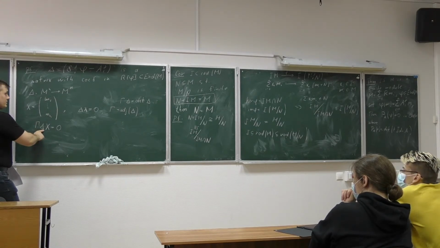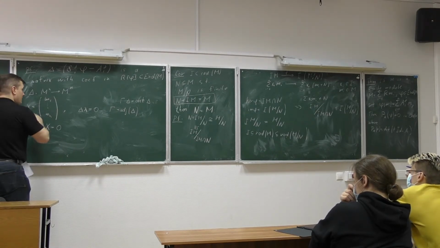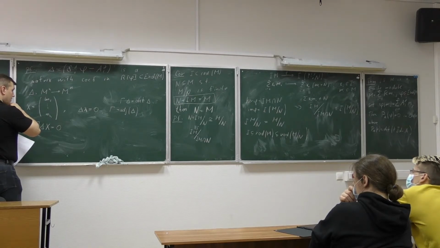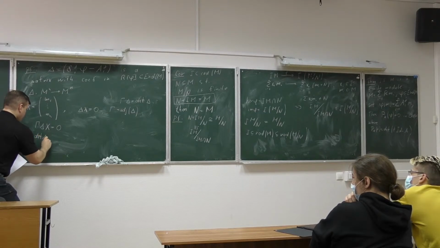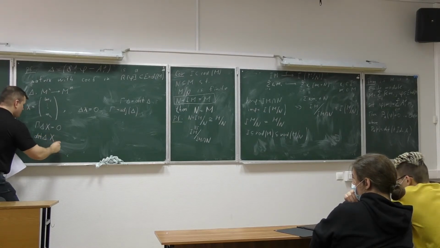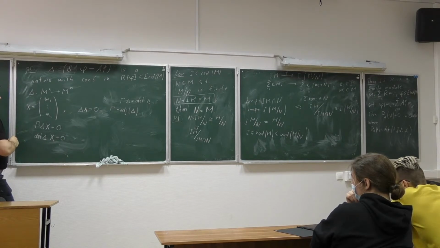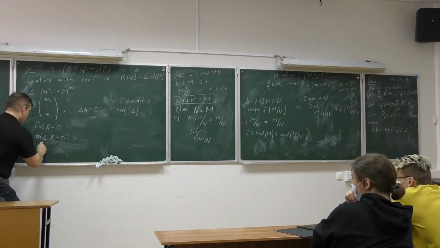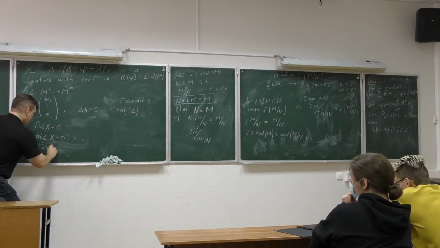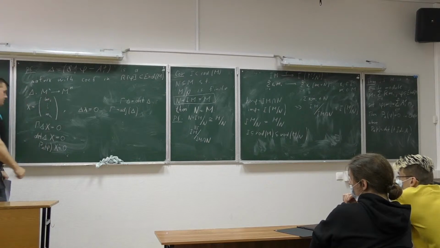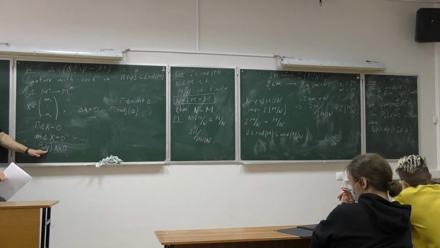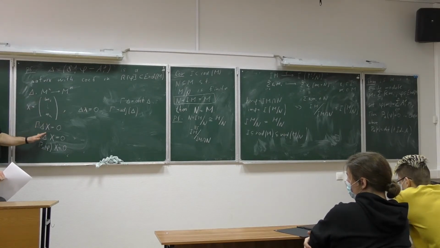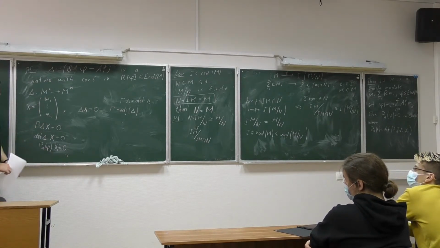The product of gamma and delta is the same thing as the determinant of delta applied to x, which is still 0. But the determinant of delta is exactly the characteristic polynomial. So we see that the characteristic polynomial evaluated on the endomorphism phi is 0 applied to any of the generators. So this is the 0 endomorphism.